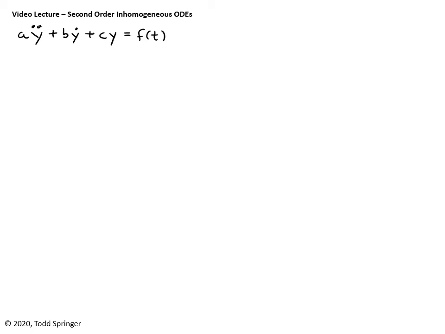So we're learning techniques to solve this kind of second-order inhomogeneous ODE. And I said that the best thing to do, when you're trying to find your particular solution, is to try to match what this function is.